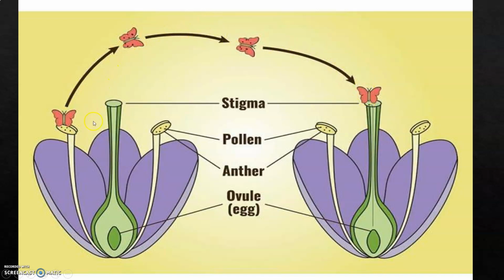Now, as you can see here, this process may take place with the help of some agencies like birds, butterflies, honeybees, wasps, humans, bats, and many other agencies. Other than this, there can be wind pollinated flowers which can be pollinated by wind.